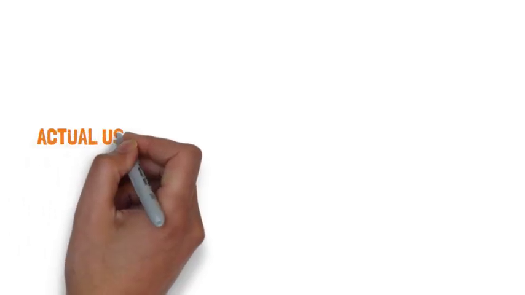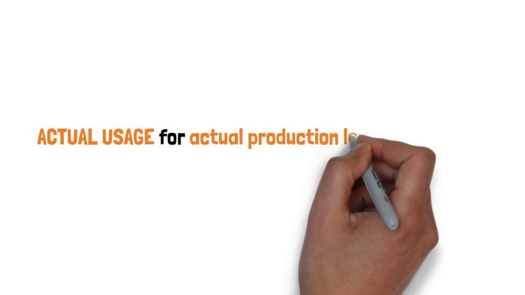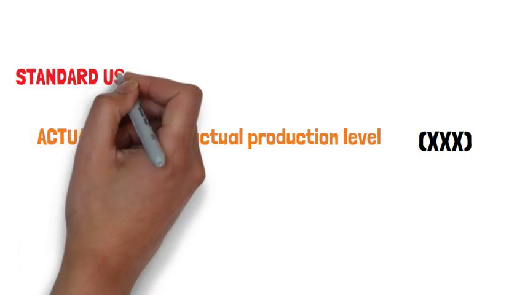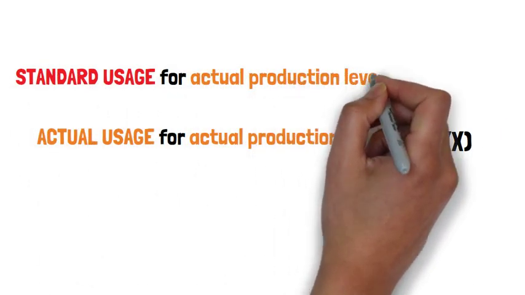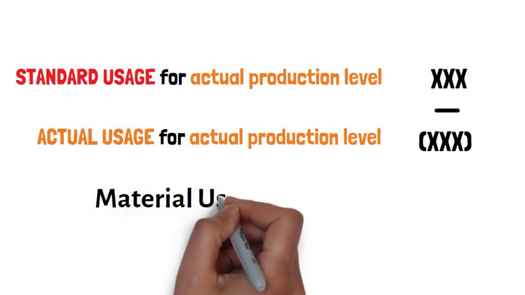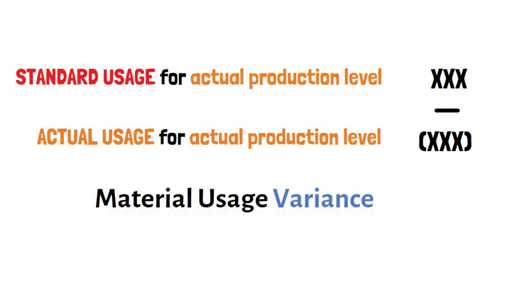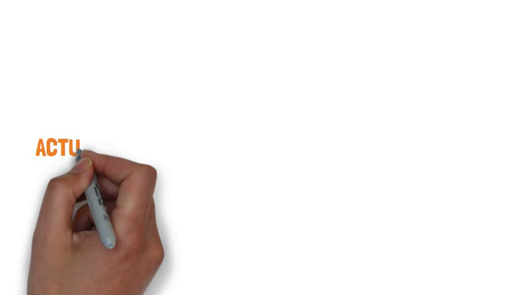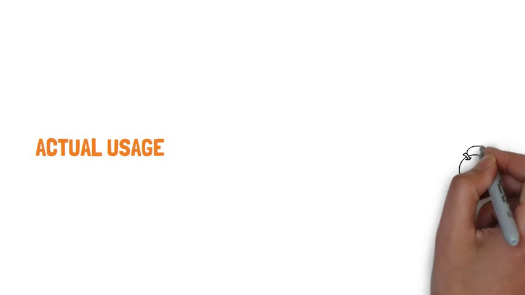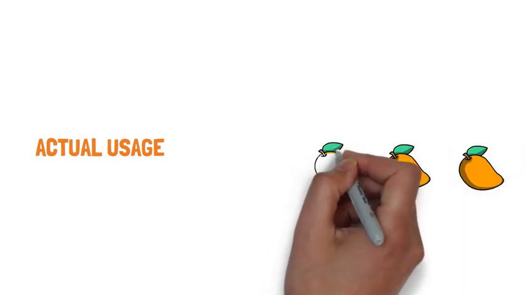Okay buddies, so let's move to the second potential reason. The second potential reason is the difference between the actual usage of mangoes and the standard usage or the expected usage of mangoes. This is called material usage variance. Let's say we purchased the mangoes at $1.5 as expected. However, we used 4 mangoes instead of 2 mangoes as set in the standard.